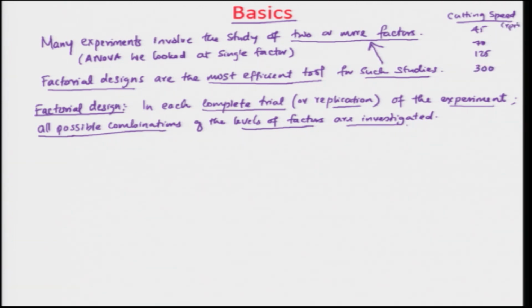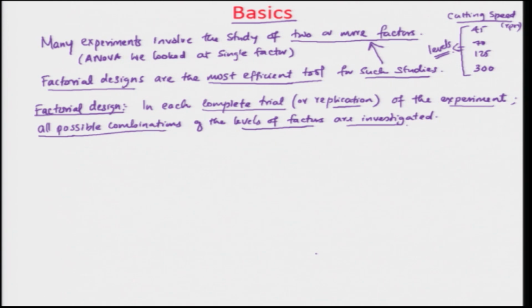Then this is one factor, and then you can think about different materials as another factor. These are the different levels or values at which the cutting speed factor is used. So when we say levels, this is what we talk about.